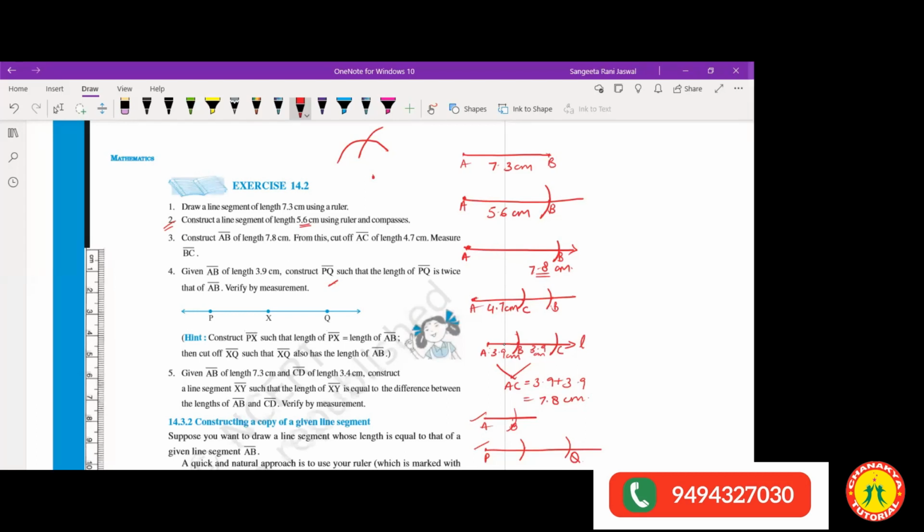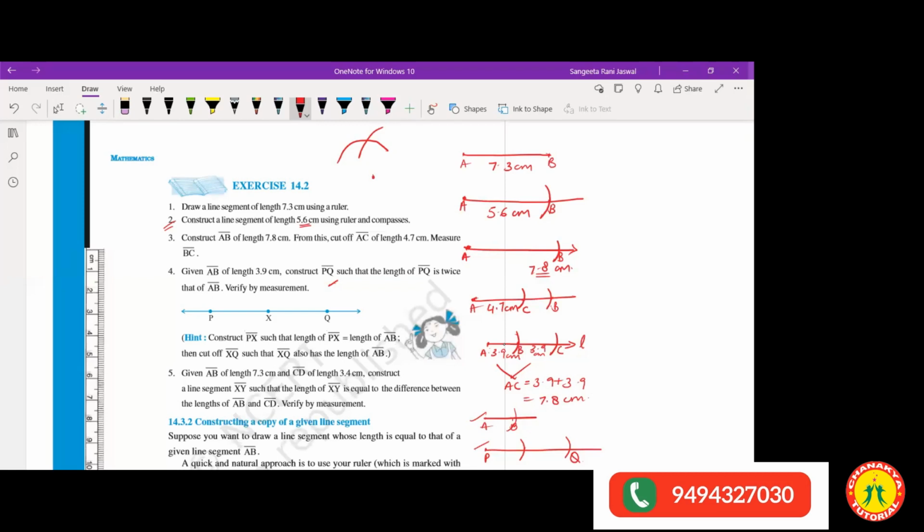Okay, good. Now adjust the compass up to the length CD. Now CD was 3.4 centimeters. Measure that CD length with your compass. Keep your pointer at C and D. Have you done that measurement?